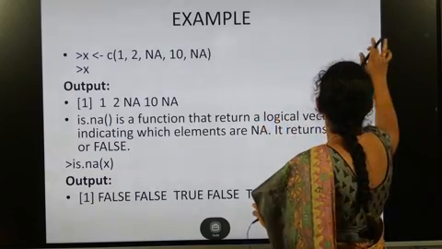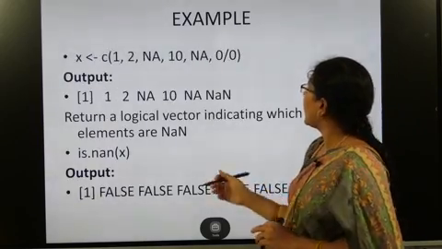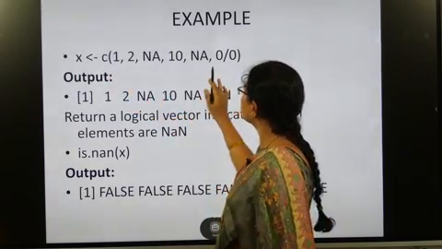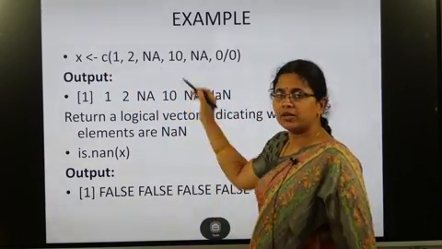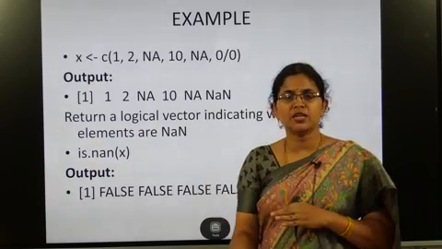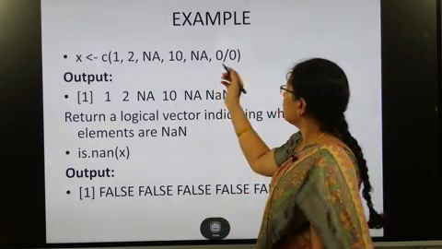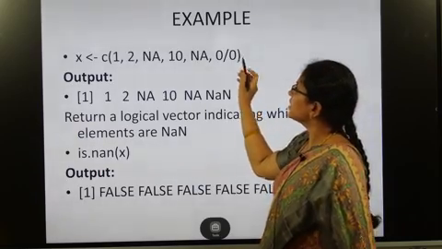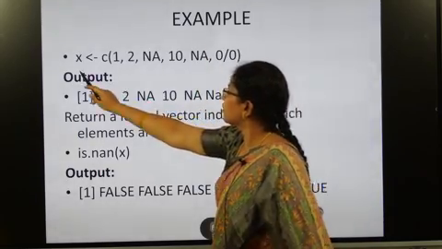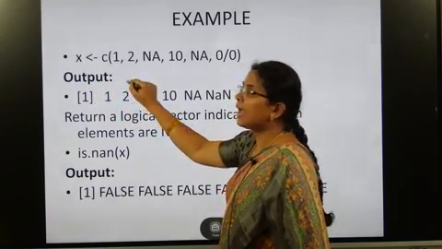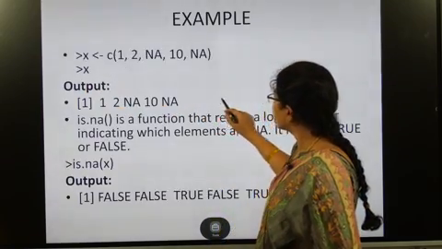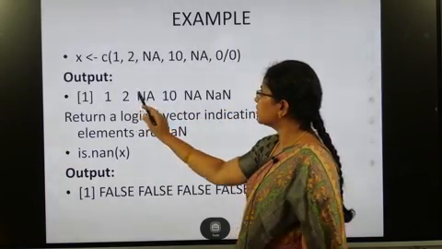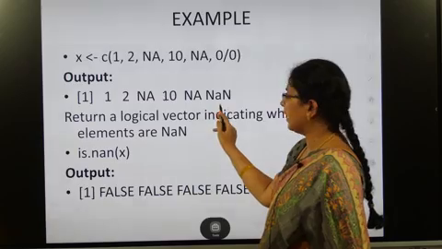Next we will move to the representation of NaN. Let's see here, the same values, but additionally, one more thing is added, that is 0 by 0. All these values we are assigning to the x variable and simply giving x. So these are all the values stored in x: 1, 2, NA, 10, NA and NaN.